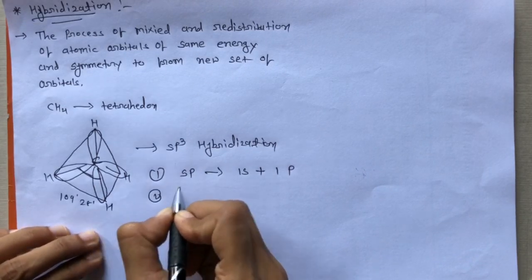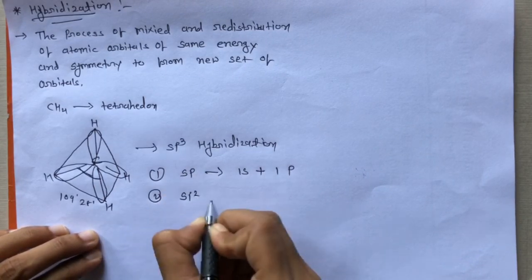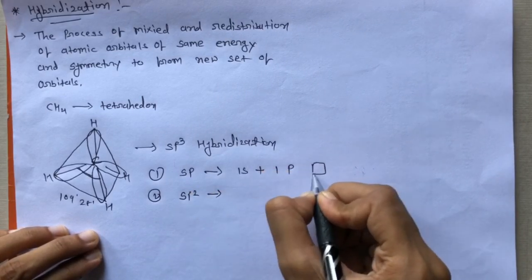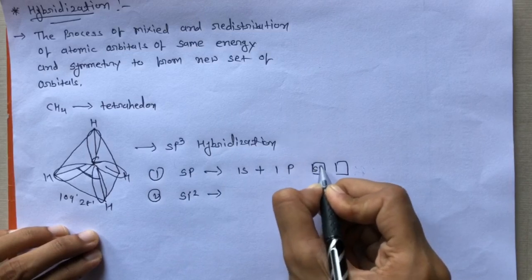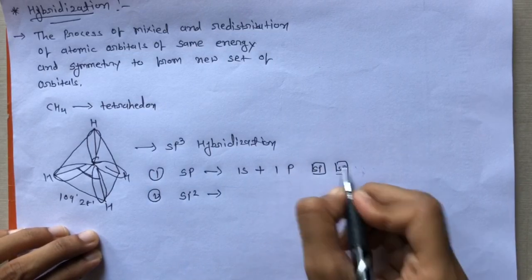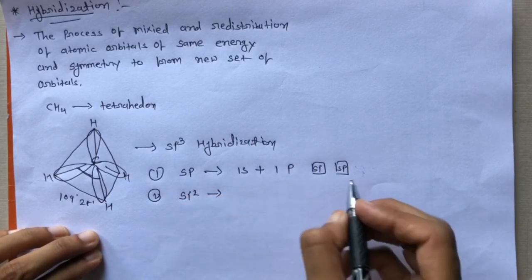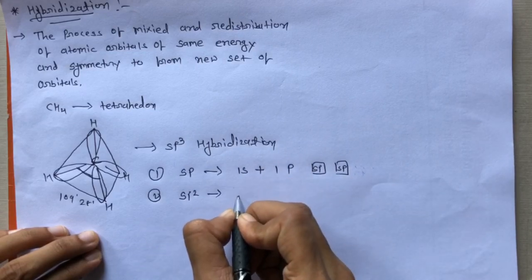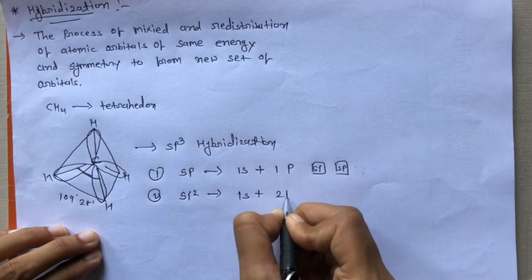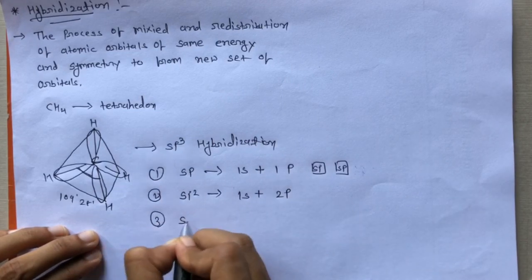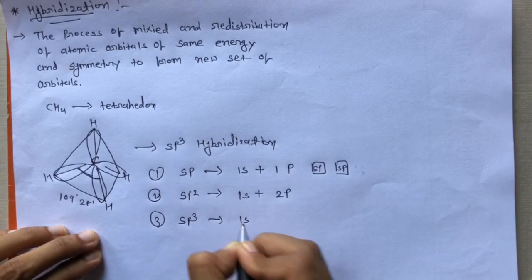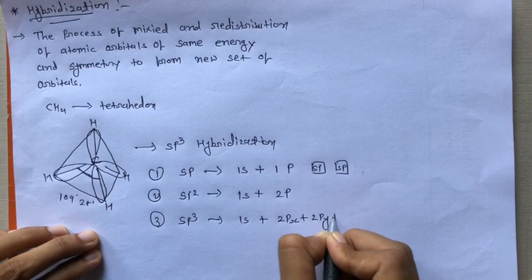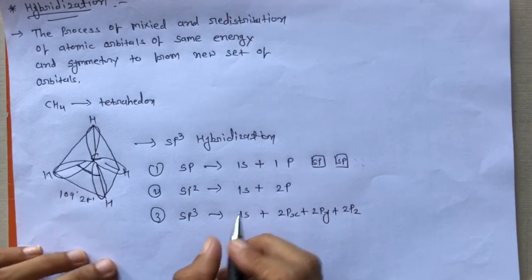For example, sp2 એટલે આવી રીતે હોઈ શકે, આ sp, right? Mixing. Now if we have 1s plus 2p, sp3 is 1s plus 2px, 2py plus 2pz.